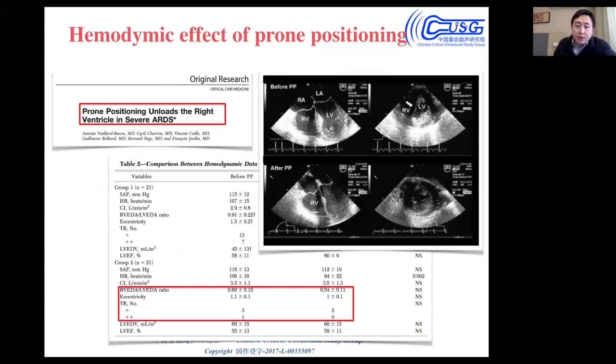Other research told us that if we do prone positioning in our patients, the mismatch of the air and the flow of the lung is improved, the afterload of the right ventricle decreases, and we can see an improvement of the right ventricle.